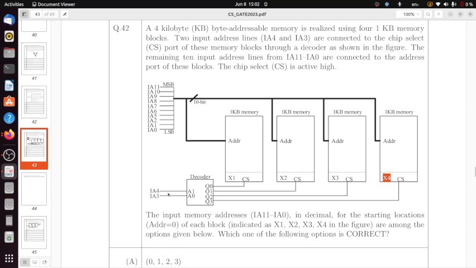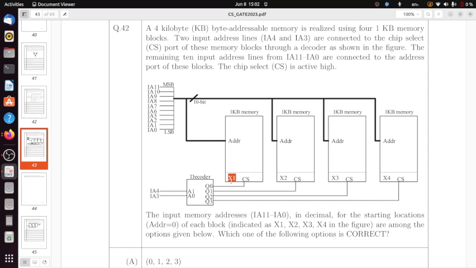When bit positions 3 and 4 are 0 0, which of the output lines among Q0, Q1, Q2, Q3 will be activated? Depending upon the bit combination, if address lines 3 and 4 are 0 0, then output line Q0 is activated, and Q0 is connected to the memory block whose starting location is X1.